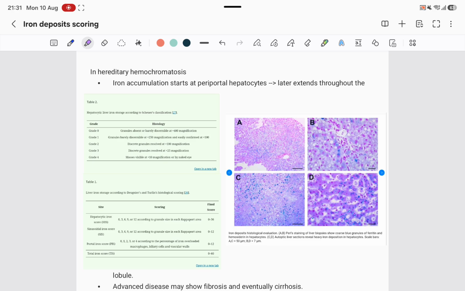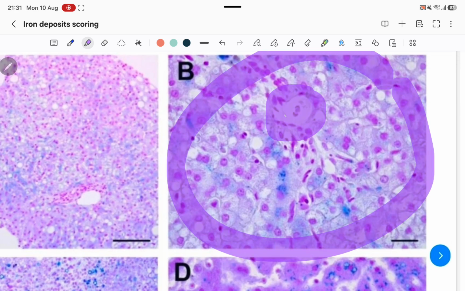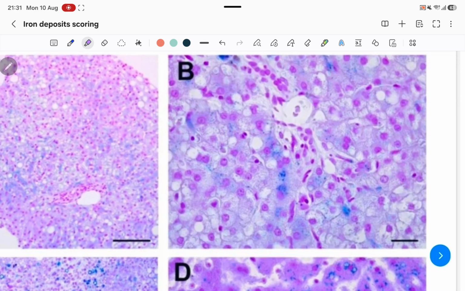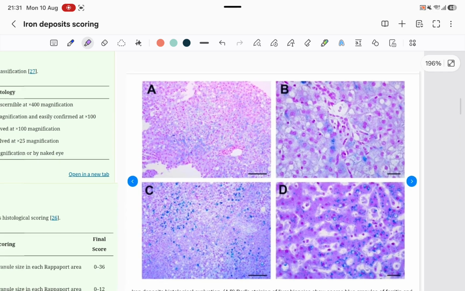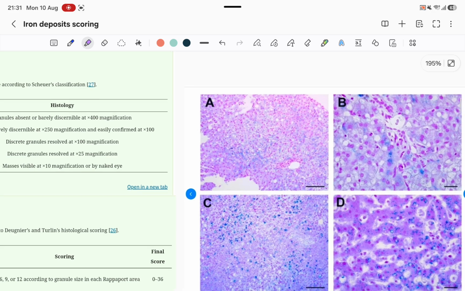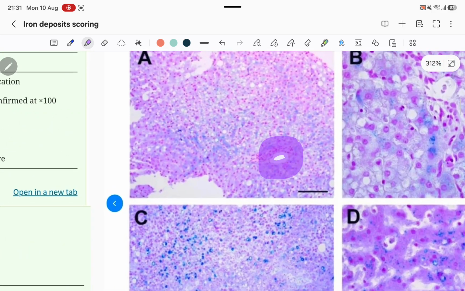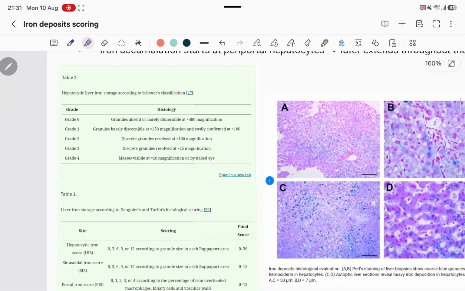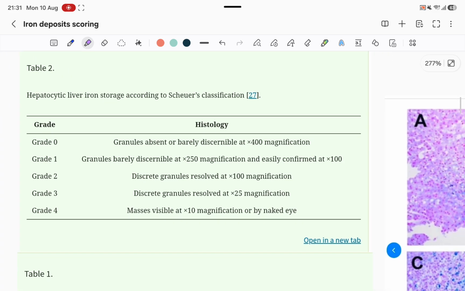So you have your central vein in the middle, and then around that you have those portal tracts where your iron deposits are going to start, and then eventually they go to other sites. In here we can see that there are two grading systems.